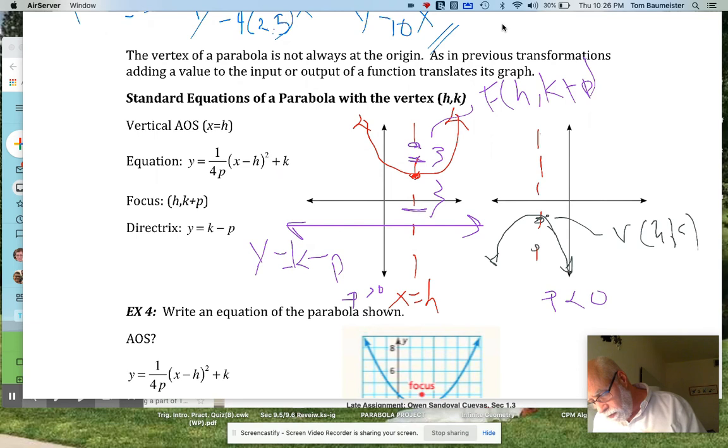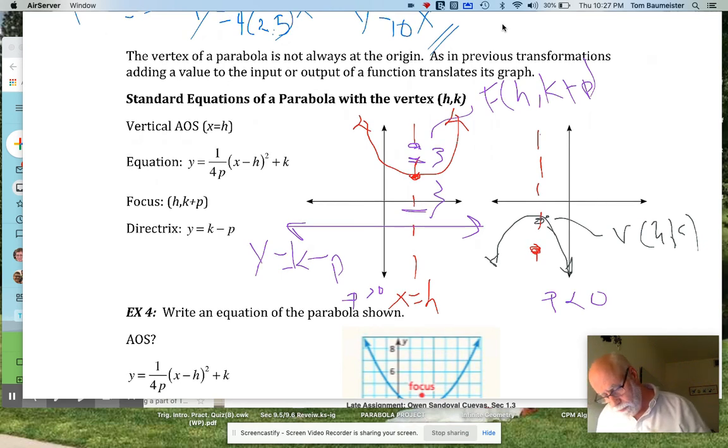I told you our focus is in between. So here, let me use a different color, just because of my great drawing. So our focus is going to be here, and our focus is still at h, because I didn't tell you h had to be negative, and k plus p.